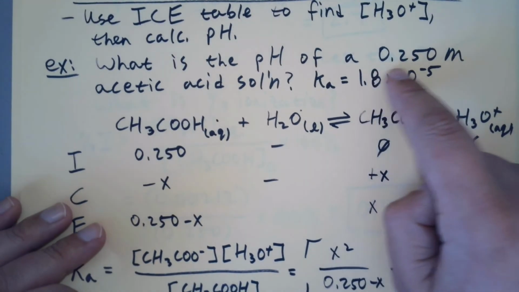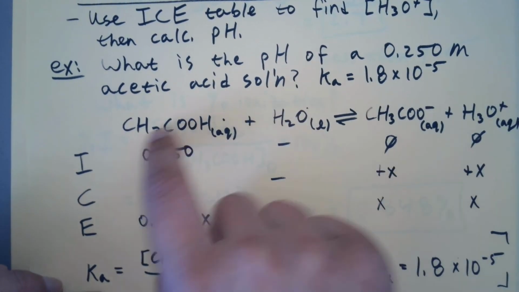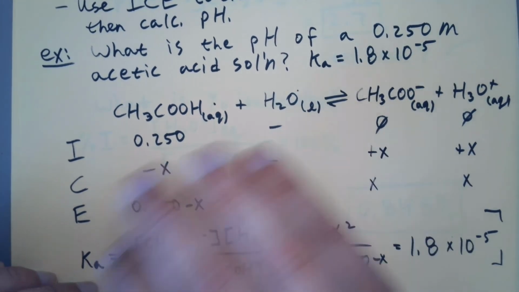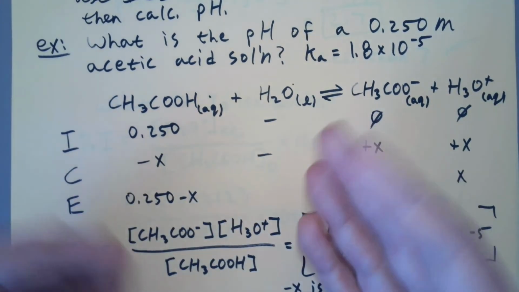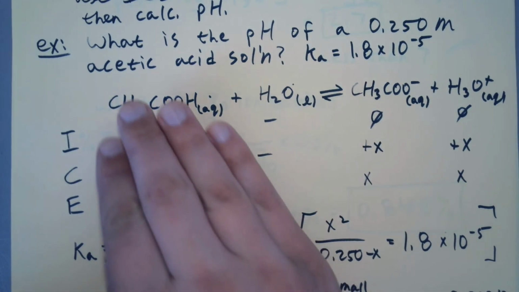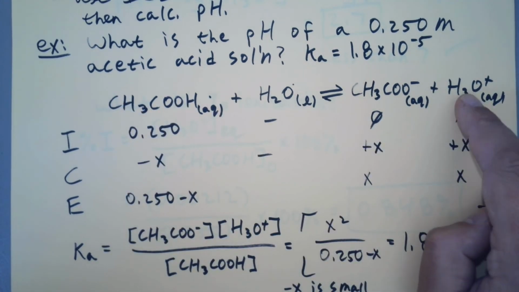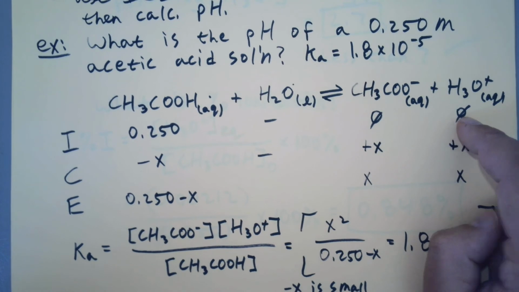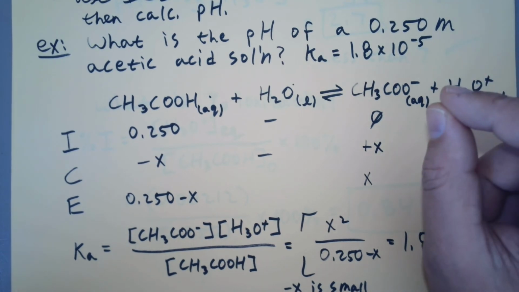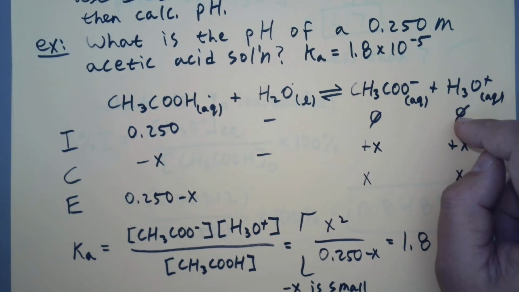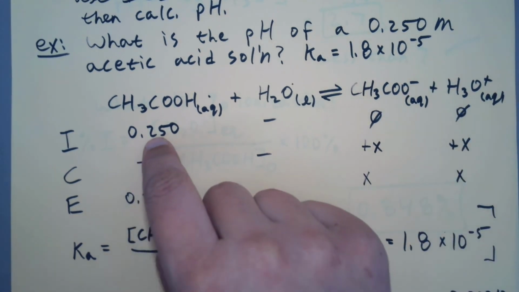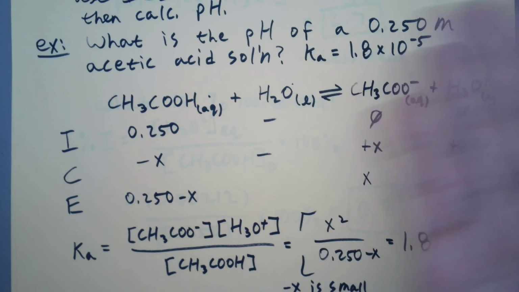So again, we assume just everything over here, and I'm not going to mess with you. I'm not going to give you super dilute acetic acid solutions, or weak acid solutions. But be aware that if you did, that's when you'd have to account for the fact that there actually is a teensy weensy little bit of H3O plus in water at all times. But when it's compared to 0.250, it's zero, right?